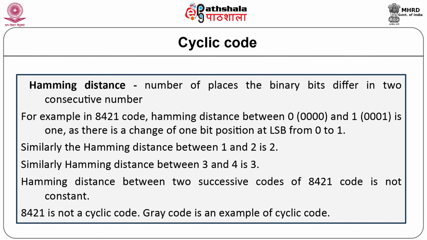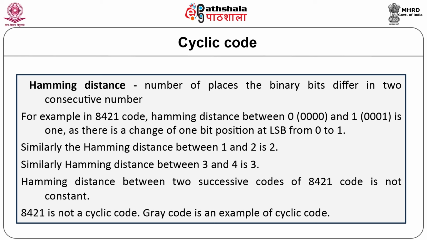While discussing cyclic codes, it is first necessary to understand the concept of Hamming distance. Hamming distance is defined as the number of places the binary bits differ in two consecutive numbers in a particular code.